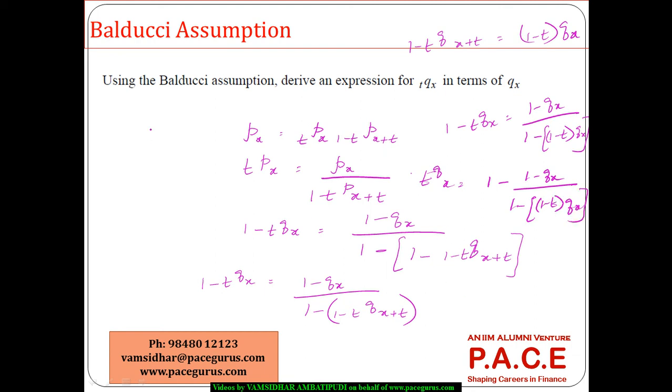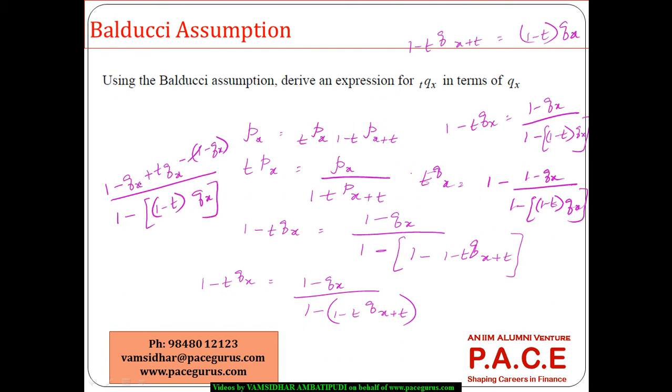Now this I can very well write as 1 minus qx plus tqx minus of 1 minus qx divided by 1 minus of 1 minus t times qx.